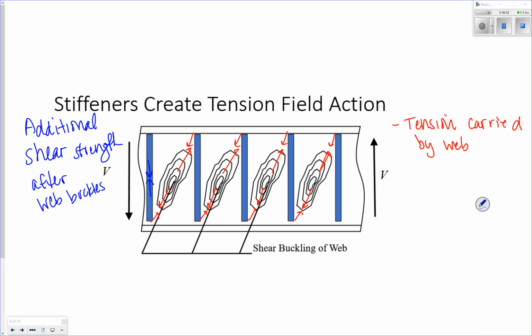I wonder if I could make that a different blue. Let me see. Right? I have compression in my stiffeners.